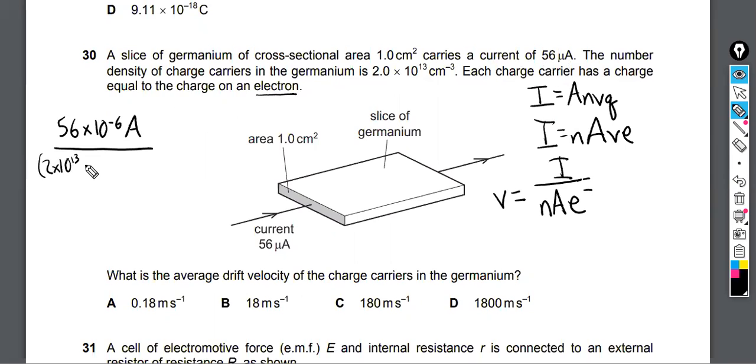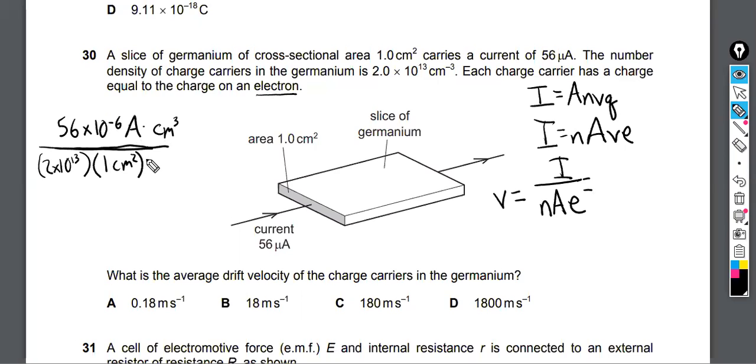Look how I put the units in here. Since that's the number of charge carriers per cubic centimeter, I'm going to move the cubic centimeters up to the numerator. All I care about is what the units do. So this is the number density per cubic centimeter times the cross-sectional area, 1 centimeter squared.